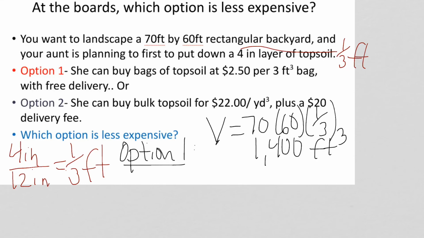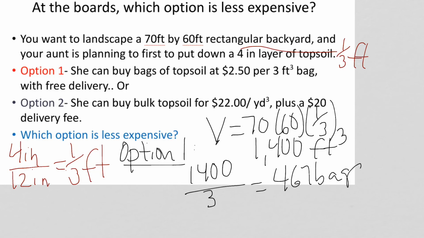Option 1 says that she's going to buy bags of topsoil at $2.50 per 3 cubic feet with free delivery. So that means we need to take our volume and divide it by 3 to get about 467 bags. We're going to round that up.